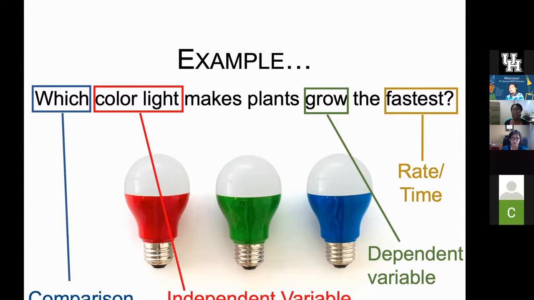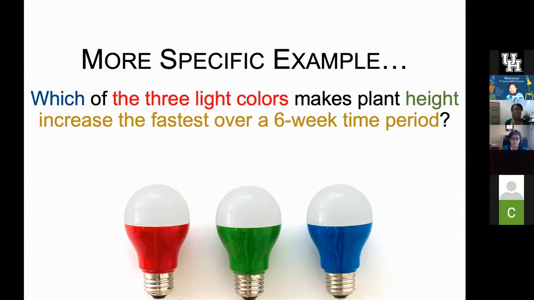So in this case, with this question, I made it more precise. So instead of, okay, what color, we say, okay, which of the 3 light colors, and you could even detail, red, green, or blue, makes plant height. So we're talking about growth in height, not width or number of leaves or thickness of the trunk. What makes plant height increase the fastest over a 6-week time period.